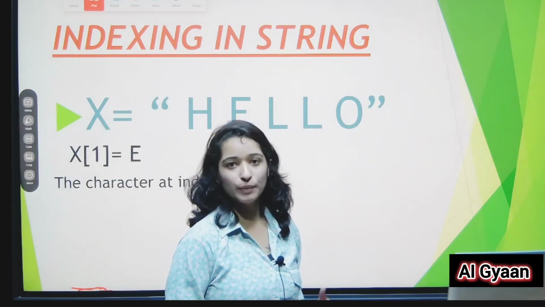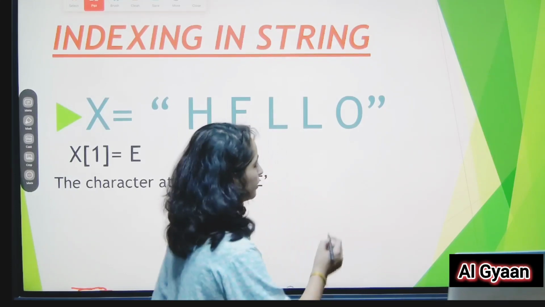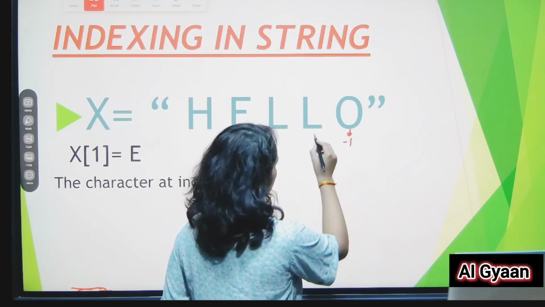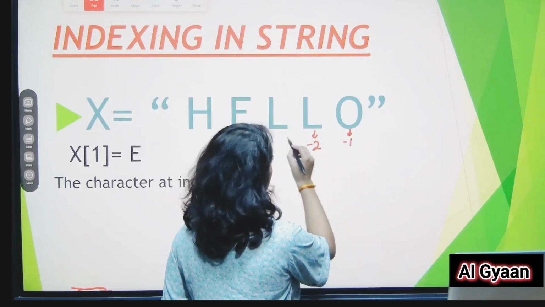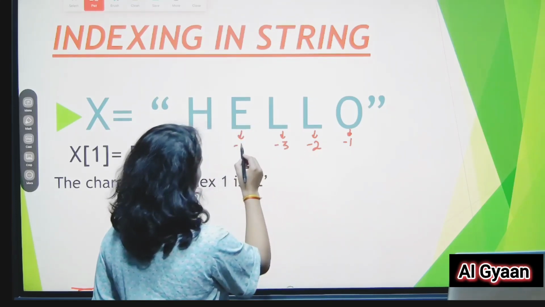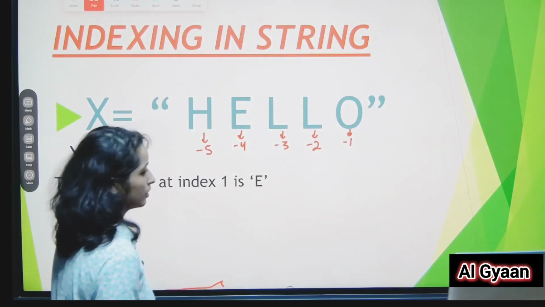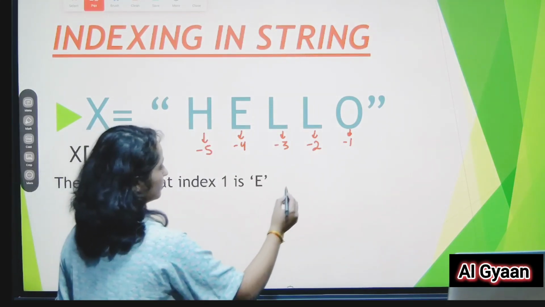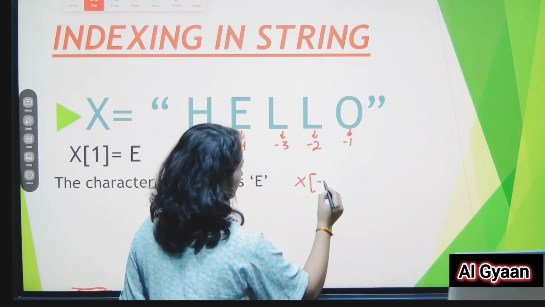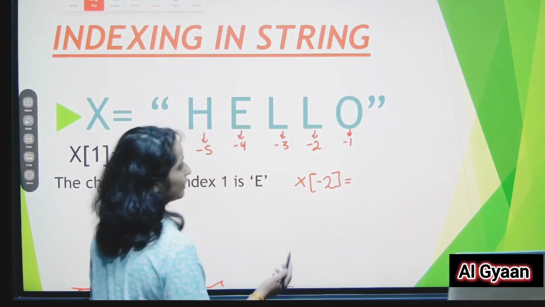Okay, now we will talk about negative indexing. Indexing starts from -1 and goes from right to left. So here I am writing -1, then -2, -3, -4 and -5. Suppose I have to find the character at index -2. So what will be my output?